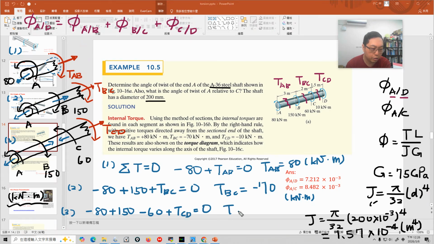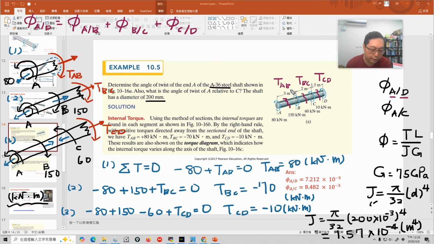So TCD is minus 10 kilonewton times meter, which you should check yourself.